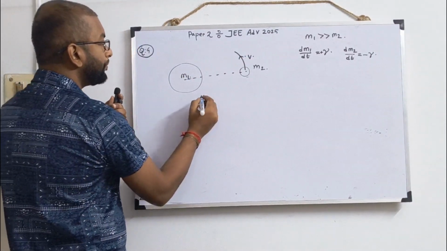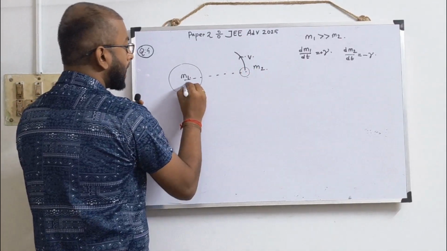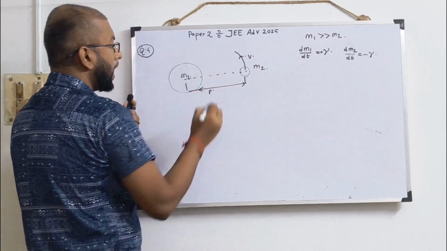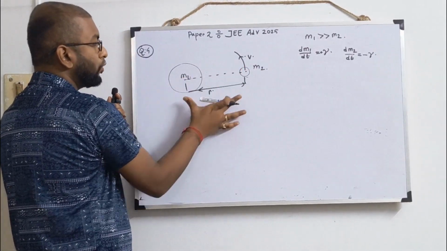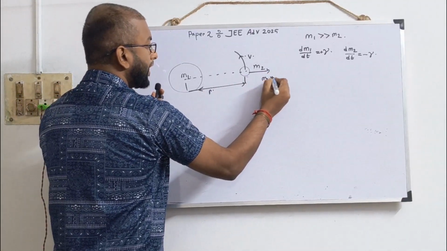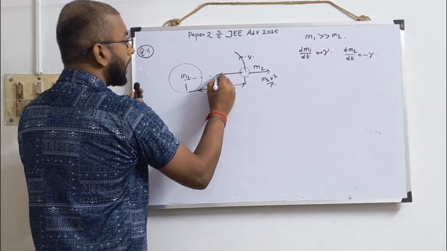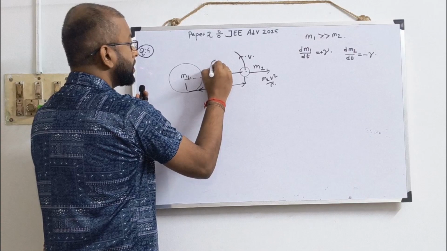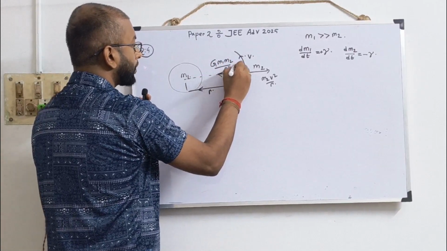Then what we know, that is m2 v square by r, and at that time let's say the distance between these two masses is r, and we see the mass m2 from the center of mass m1, then it is revolving and it is getting a centrifugal force, that is m2 v square by r, that will be equal and opposite to the gravitational attractive force, that is G into m1 m2 by r square.